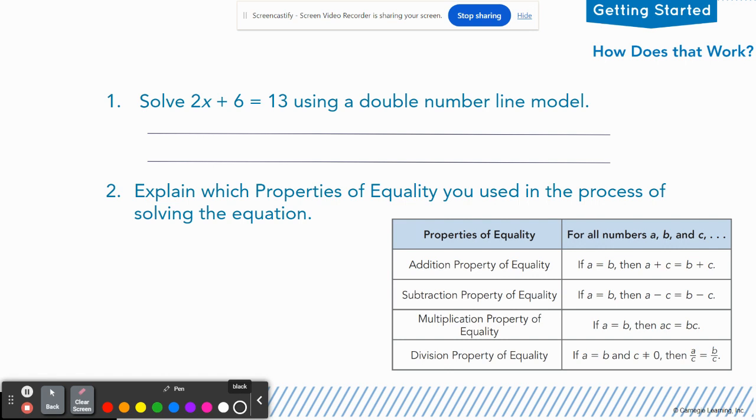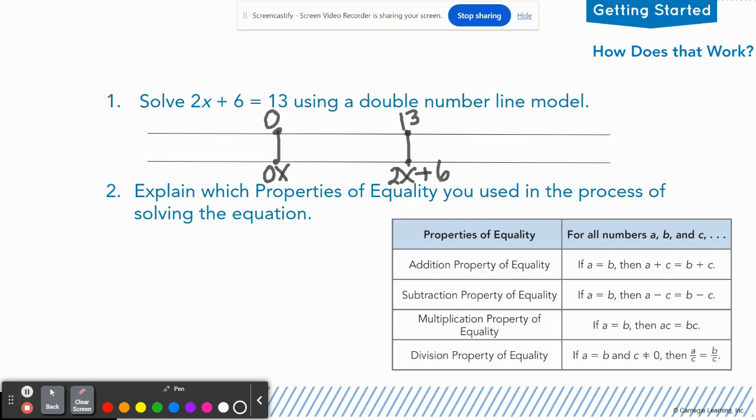So in a second, I'm going to allow you to pause and solve on your own, but I'm going to give you a starting point because this was the last lesson. So you always want to start with 0 on your number line, and then you can place your expression. If you want to place your expression somewhere else that's not quite like mine, that is okay, as long as it's in the correct spot.